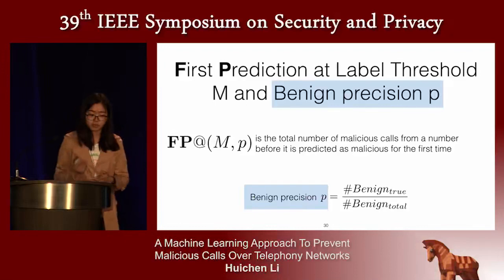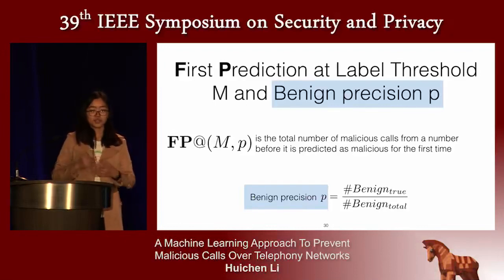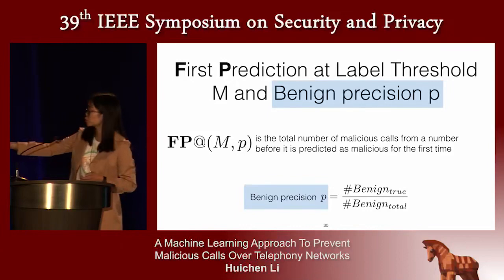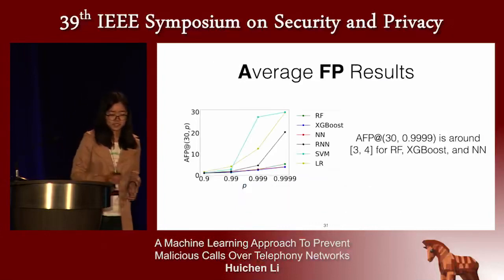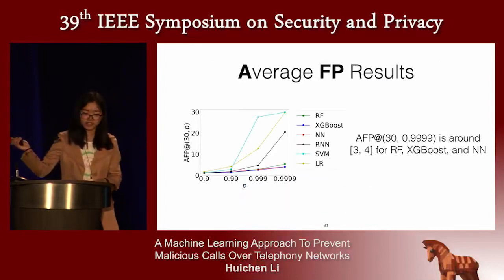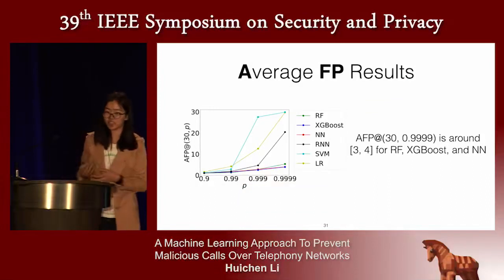We call it first prediction at label threshold M and benign precision P. FP at MP means the number of calls we have to see before we can predict a number to be malicious, if we want to ensure that the precision for the benign calls is high. These are the AFP, the average first-time prediction results.